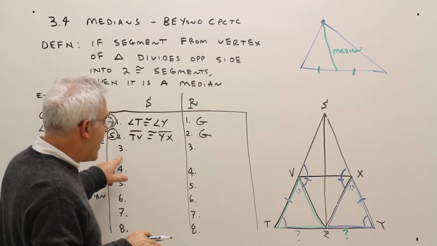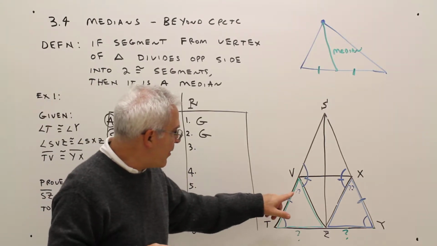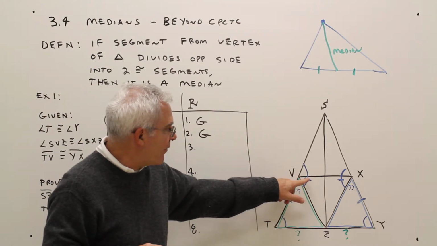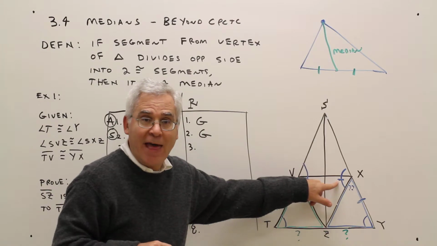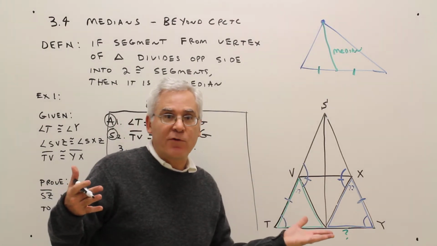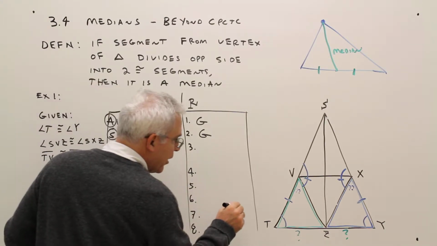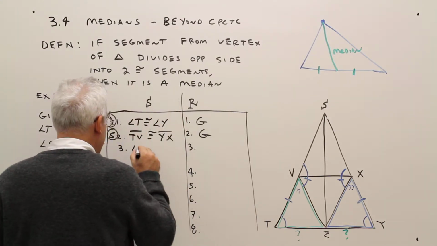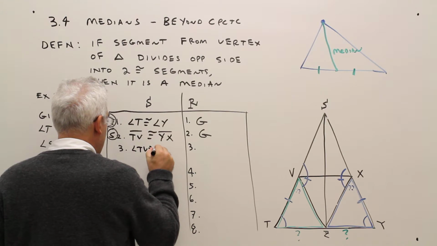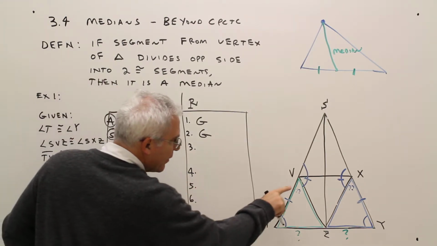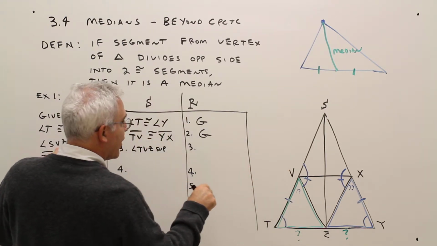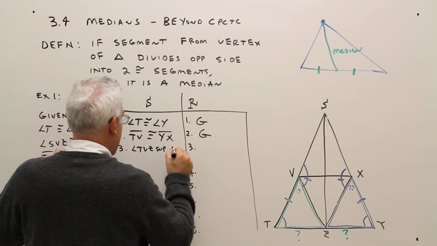So for 3, what I'll do is I'll just start with this angle being supplementary to this angle, and this angle supplementary to that angle. If 2 angles form a straight line, then they're supplementary. All right, so angle, I'll call it TVZ, is sup to angle, I'll use the same wording, SVZ.